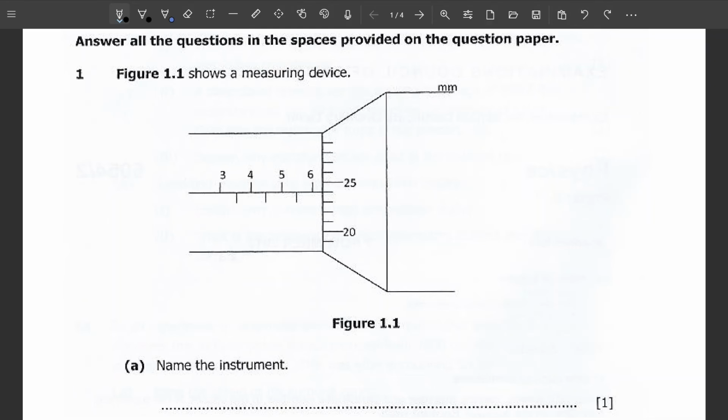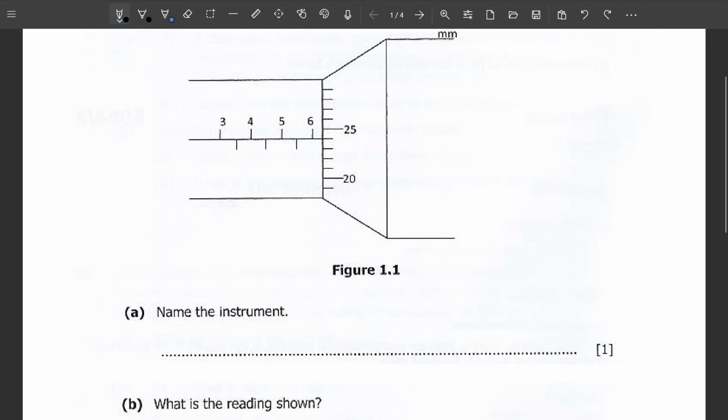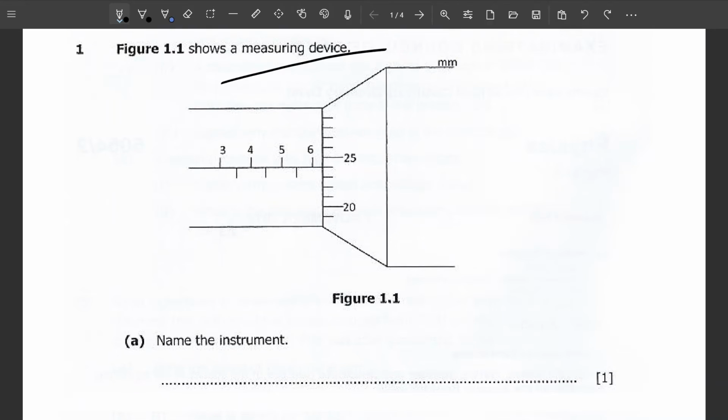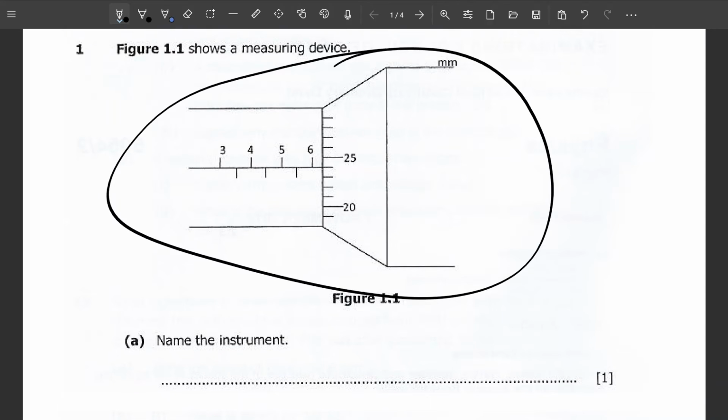It means that it is a device which is used to measure a physical quantity. It could be mass, length, time, or temperature, and so forth. The question here says, name the instrument. When you look at this figure, it is part of a certain instrument.